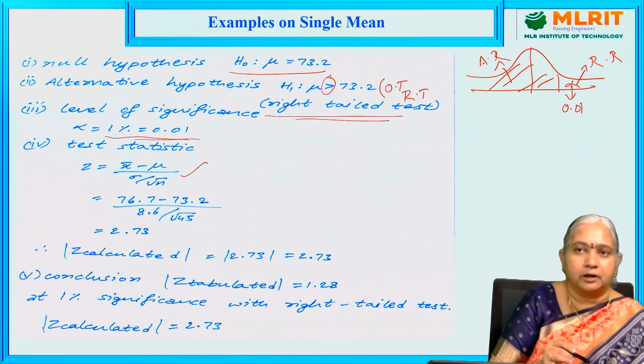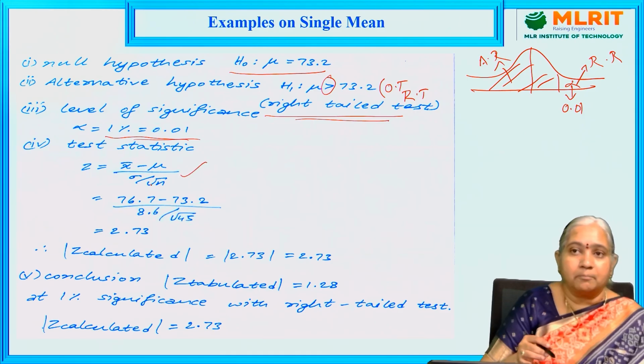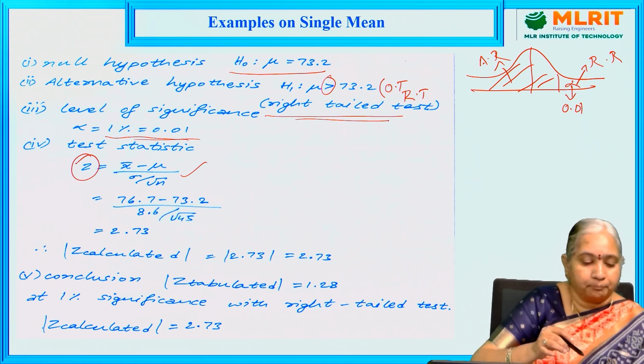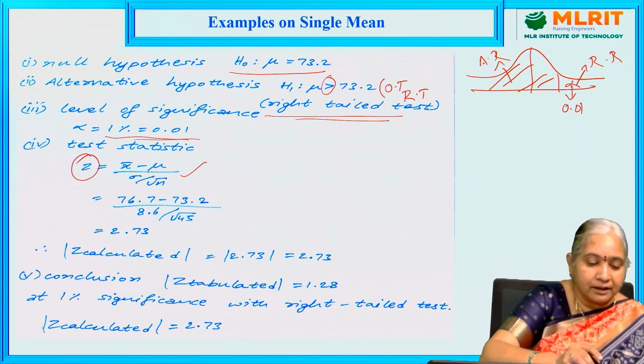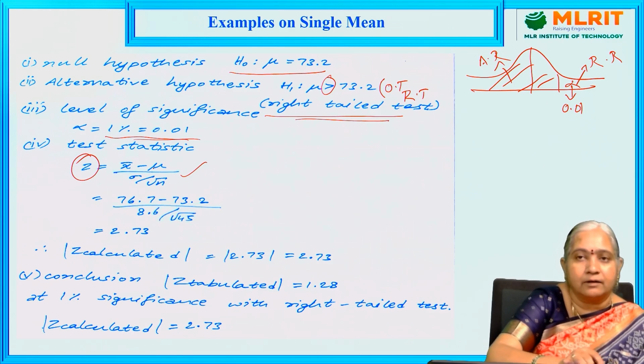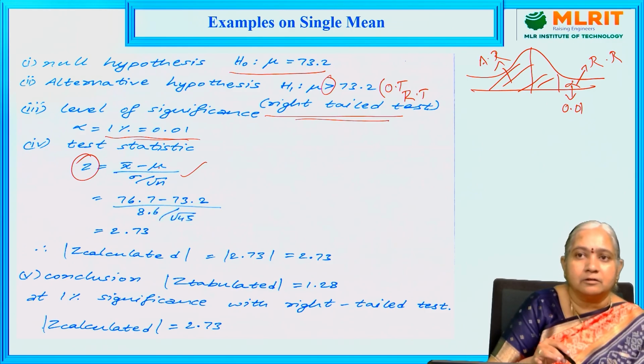For large samples, we always apply the Z test only. In this Z test, the mean and standard deviation are given and only one sample is given. So we apply the formula Z equal to x bar minus mu by sigma by root n.